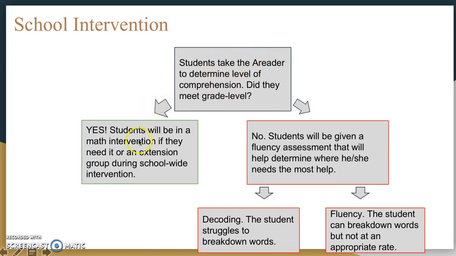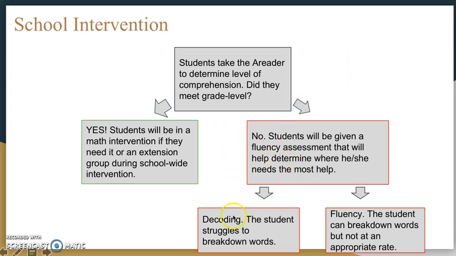If they score at the appropriate grade level, then they will continue their intervention time either in math if they need help or in some extension activities where they get to pull some different skills from science and social studies or in writing. If they did not meet that requirement on their comprehension assessment, then we need to give them another assessment to determine where they are struggling most.